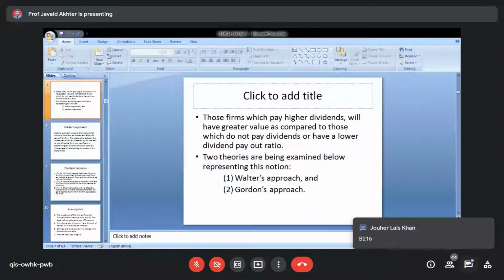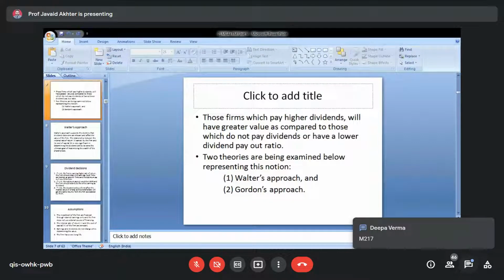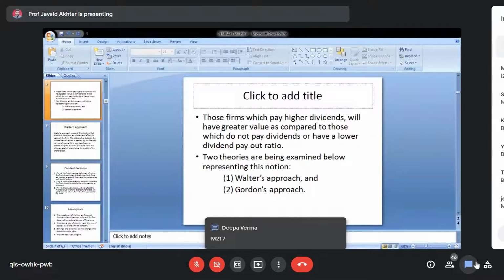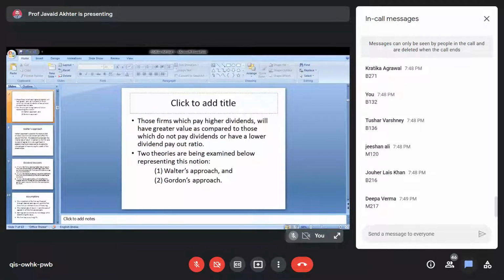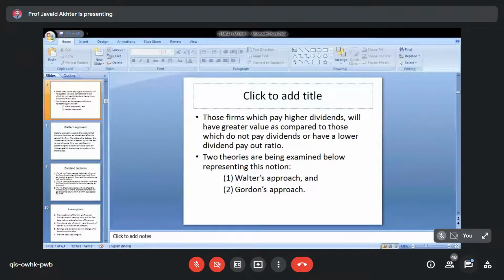Now, dividend decision broadly, there can be one of two decisions. That is, either the company will pay dividend, or the company will not. Each stage, paying or not paying, will have an effect on the valuation of a firm. Assume that the firm does not pay.